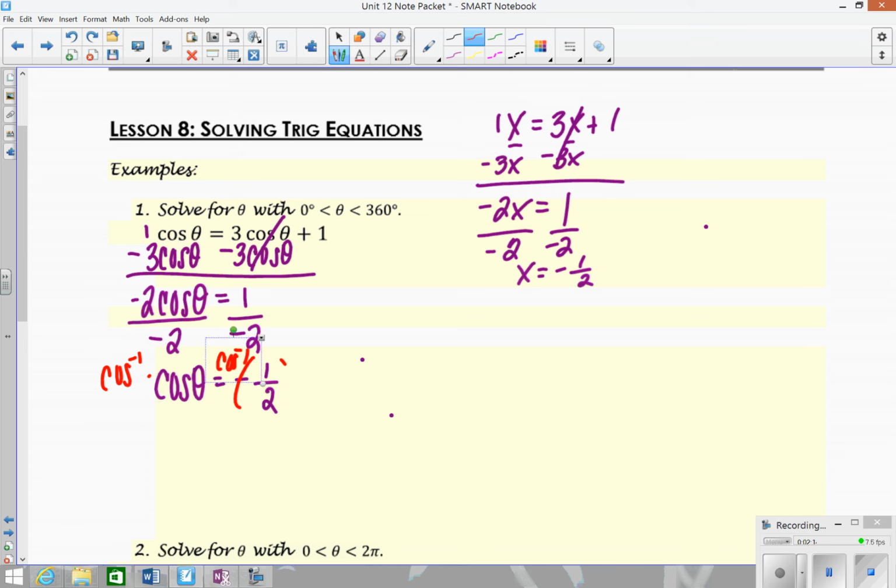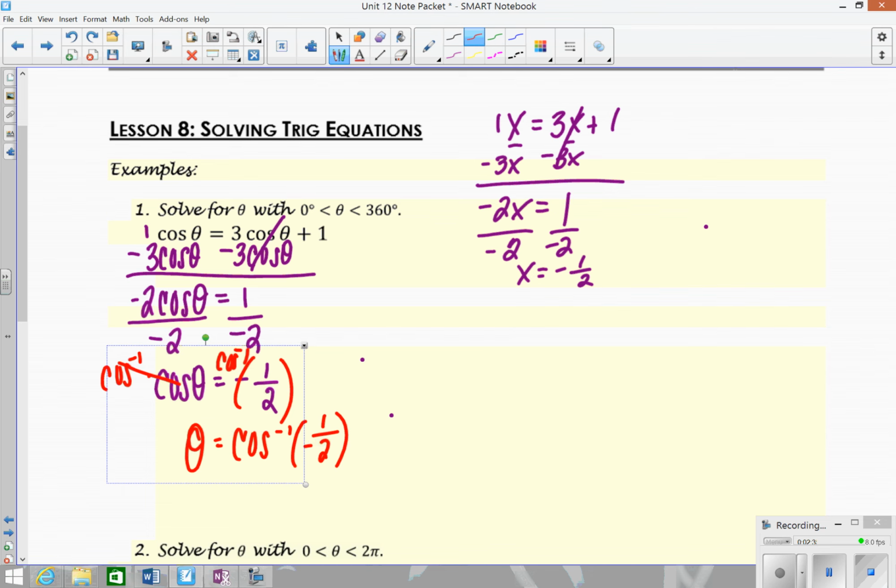Remember, that's how you undo cosine. So theta is going to be equal to cos inverse of negative 1/2. The reference angle needed in order to get 1/2 is going to be 60. But since it's negative, that tells me the 60 is going to be located somewhere else.